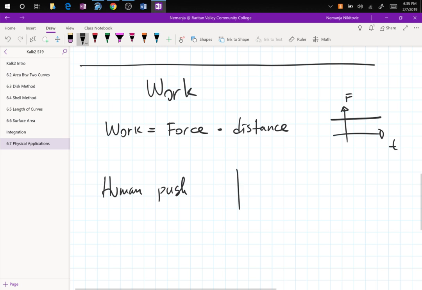So, in this case, you just touch the fridge. You are not pushing it yet. You go into your display of power, right? The force goes up, and then you start getting tired over time, and then you quit and call professionals.